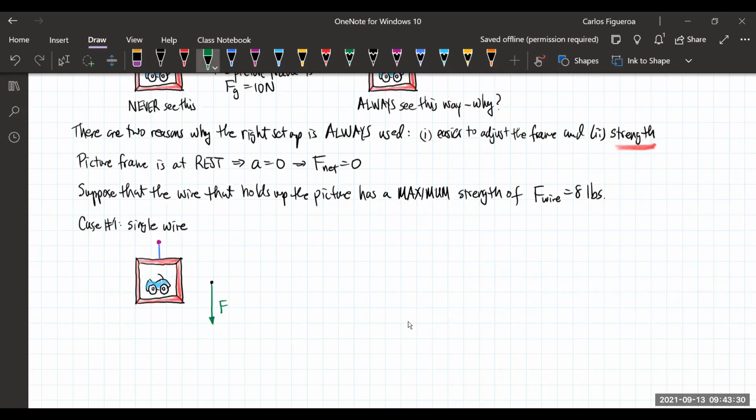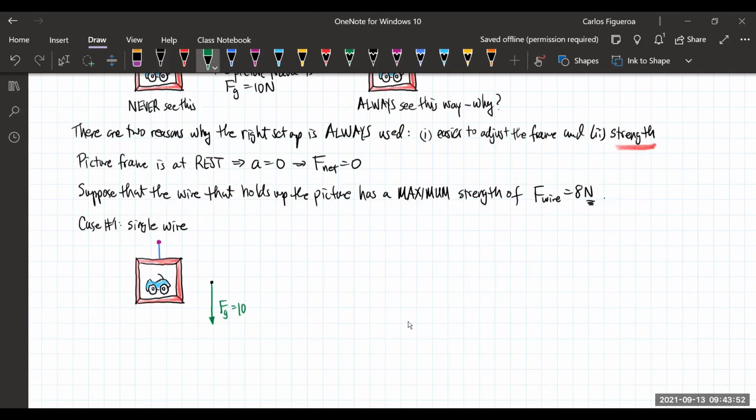So the weight of the picture frame is 10 pounds. Oh, I said 10 newtons. Let me be careful. I'm using wrong units. Up here, I said 8 pounds. I should have said 8 newtons. So that's a mistake here. Okay, 8 newtons, not pounds.